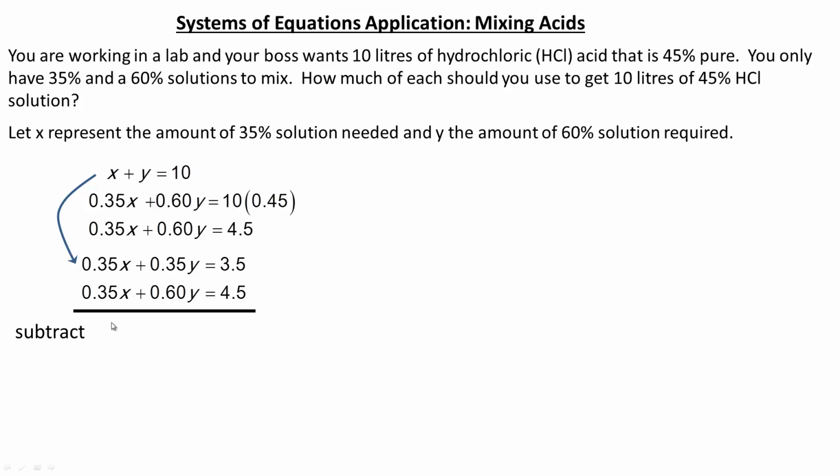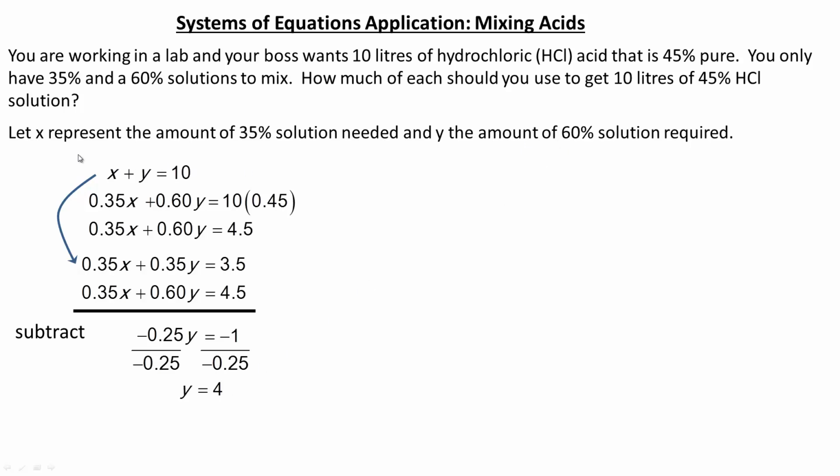We don't bother putting an X term here, though somebody could put 0X if they wanted. 0.35Y minus 0.6Y is negative 0.25Y, and 3.5 minus 4.5 is negative 1. To solve for Y, I divide both sides by negative 0.25, and negative 1 divided by negative 0.25 is 4. So it looks like we need 4 liters of the 60% solution.